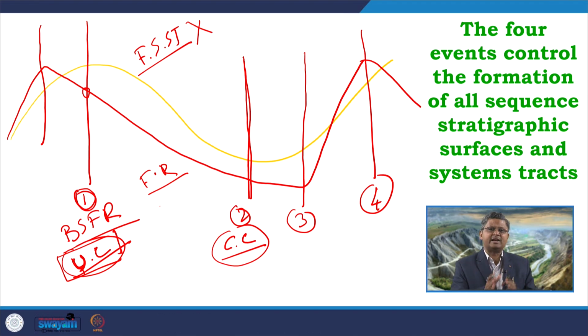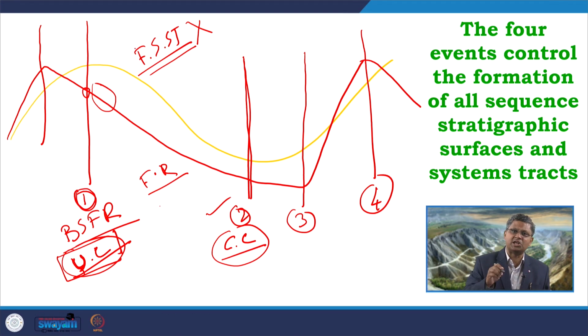But in certain portions, even after the erosion, a certain package of strata formed during the early phase of forced regression may get preserved, and on that the late phase of forced regressive condition may get preserved in the distal part of the basin, finally covered up by this correlative conformity. So, in such cases we will get a package of strata which will be defined as a system tract. So, that system tract is called the falling stage system tract, FSST.